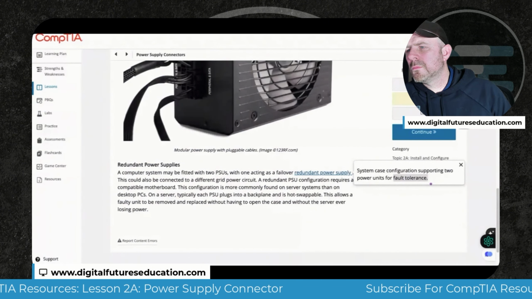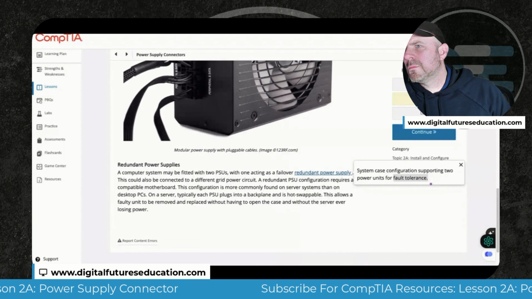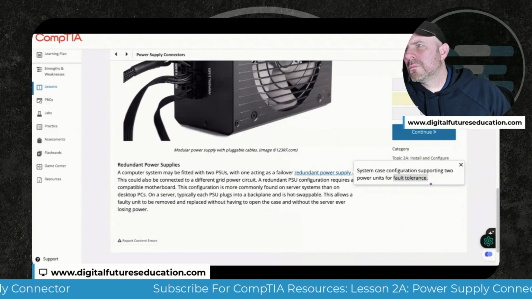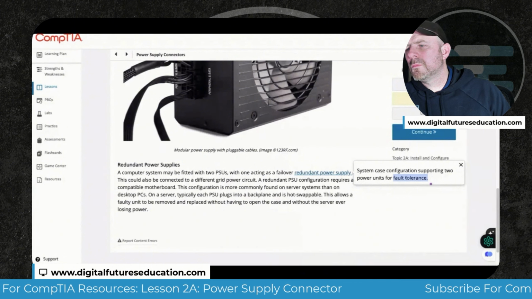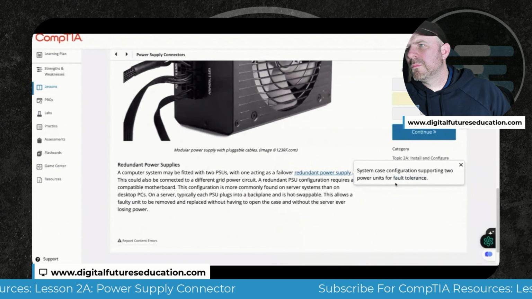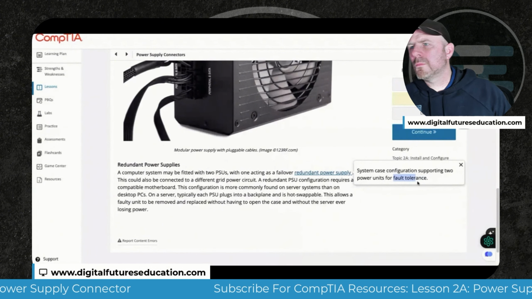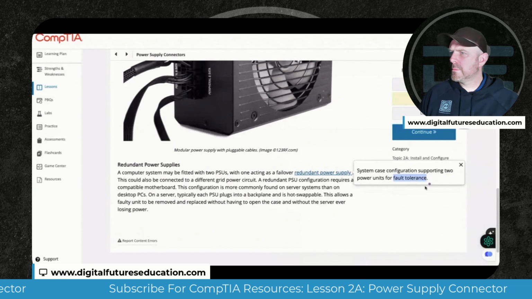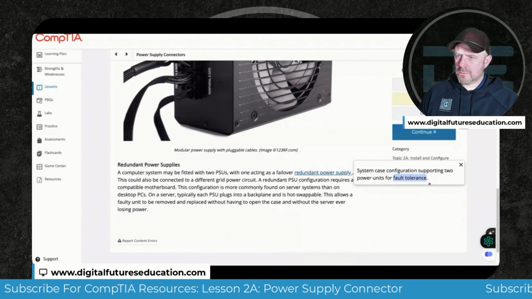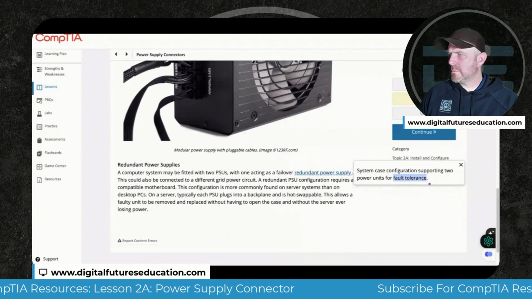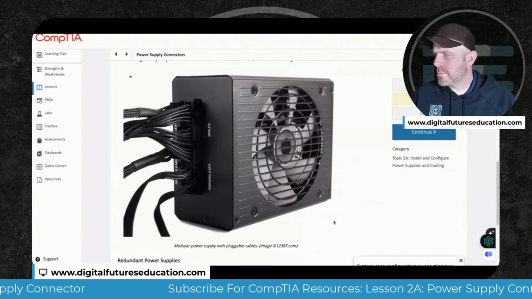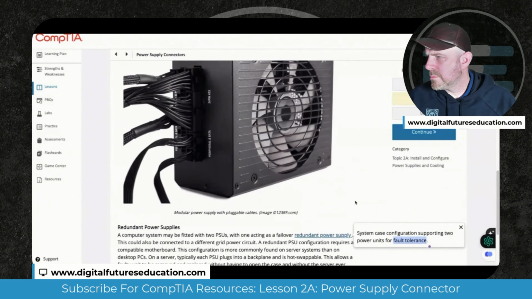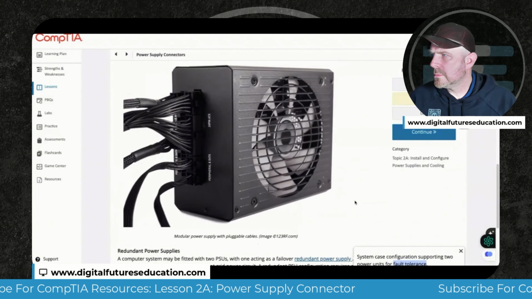Fault tolerance would be like, even though something failed, there was a backup. So basically, a system supporting 2 power units for fault tolerance. It's a way of describing the backup. In technology terms, if something fails, it can be referred to as a fault. So if the fault happens, there's some tolerance for it. So it's not the end of the world.